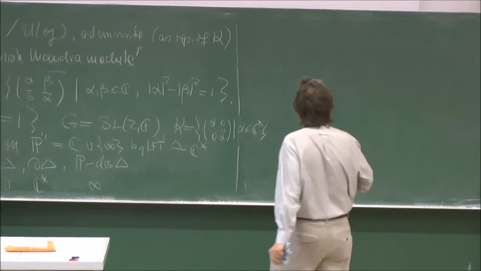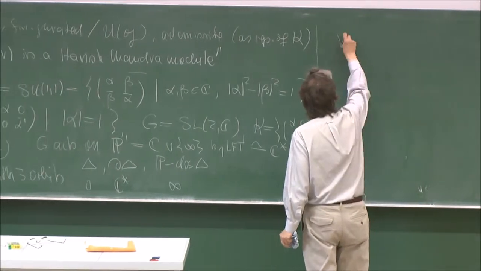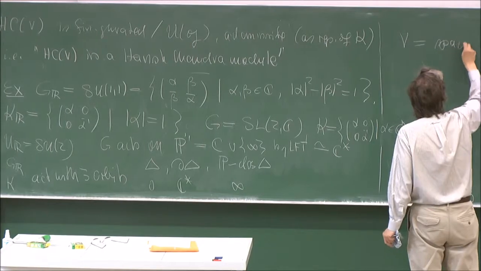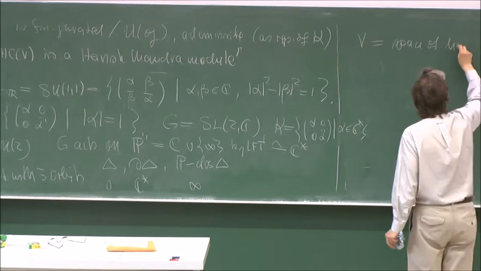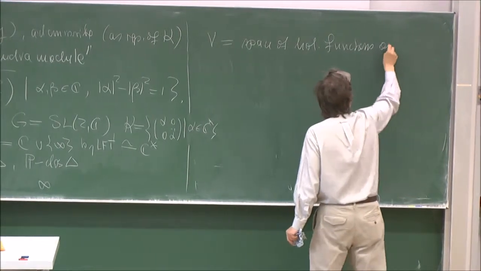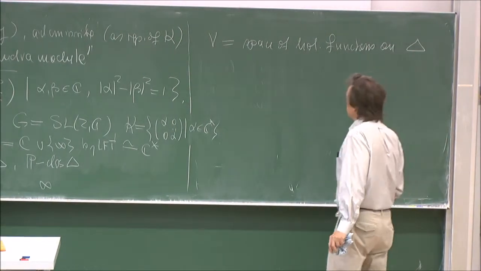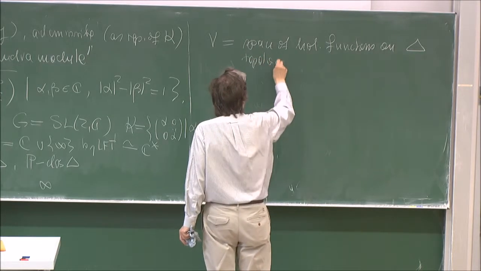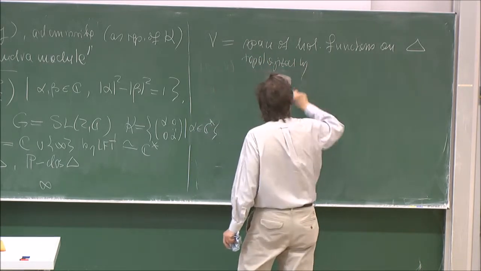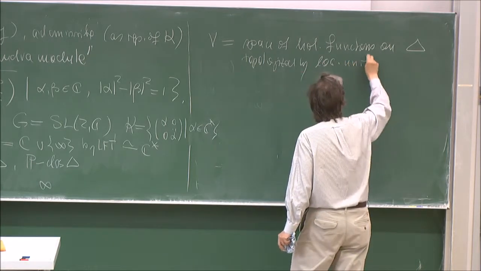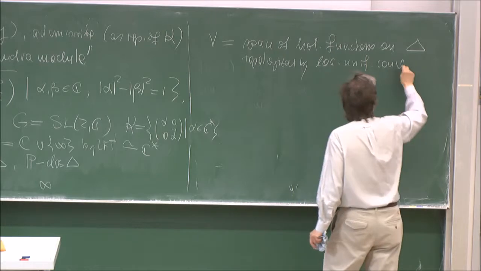Alright, so let V be the space of holomorphic functions on the unit disk, with the topology given by locally uniform convergence.